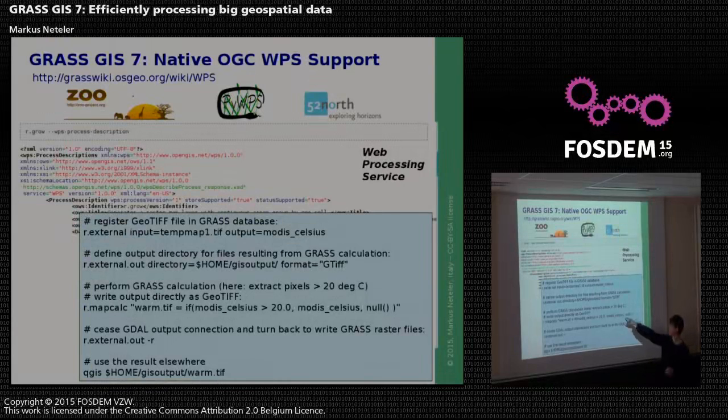Then you do your computation, r.mapcalc, and you can see here I put the ending newmap.tif is equal to some function, and this will immediately appear as a GeoTIFF in the directory which I have specified here. So you don't bother anymore with the import-export, which is especially interesting for WPS: you just go through and get your GeoTIFF or whatever format you prefer out, and then you close the connection and you can make use of it.